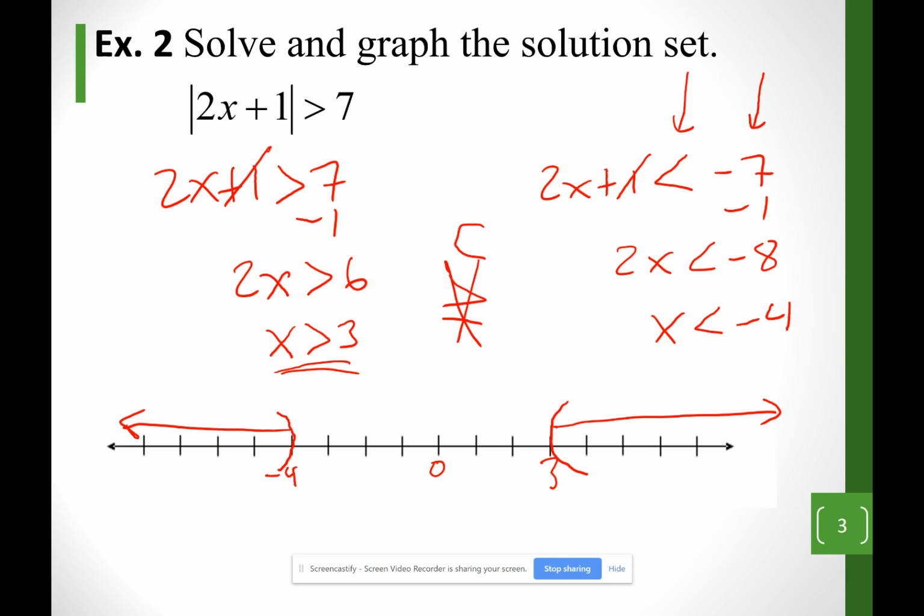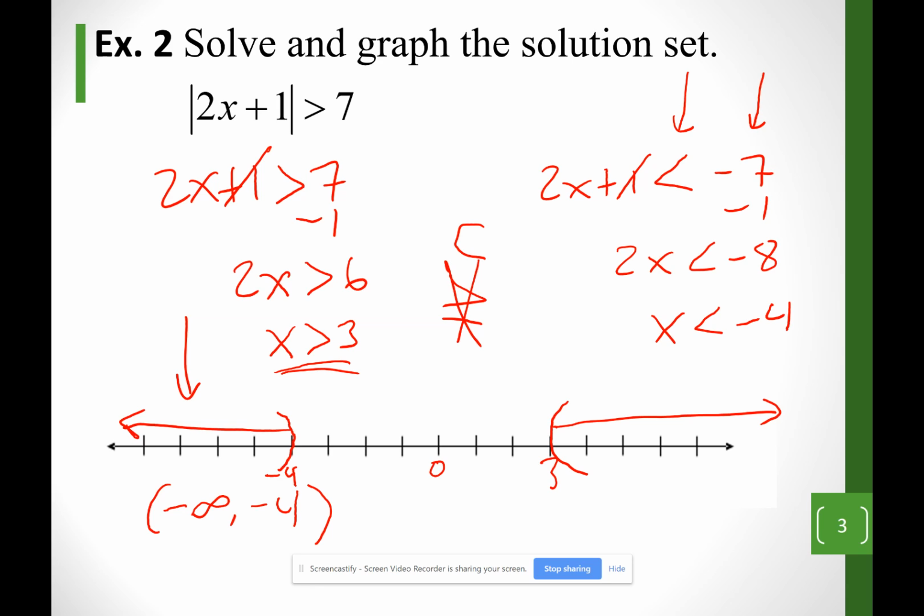Now it's going to ask us for the interval notation. Looking at my graph, I ask myself, how far left do I go? So looking at the first one, how far left do I go? I go as far left as negative infinity. And then I stop at negative 4. On that arrow, where do I stop?